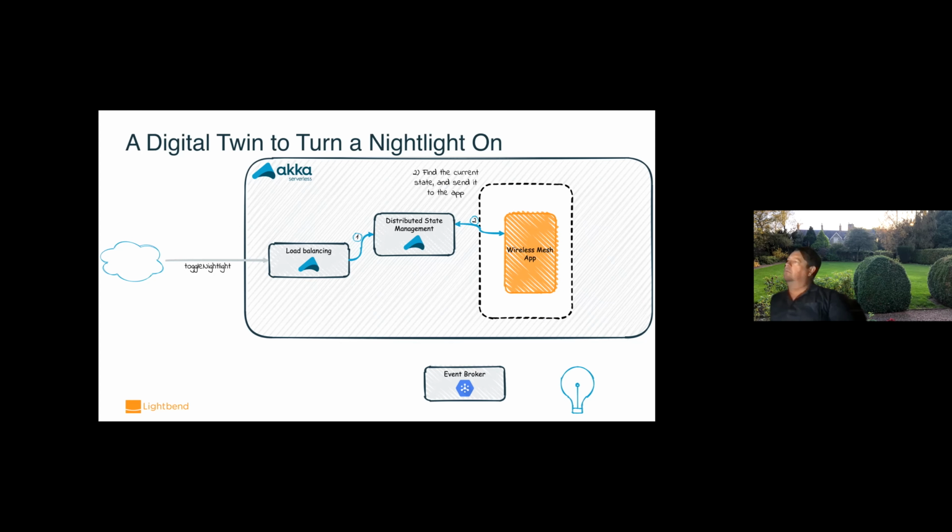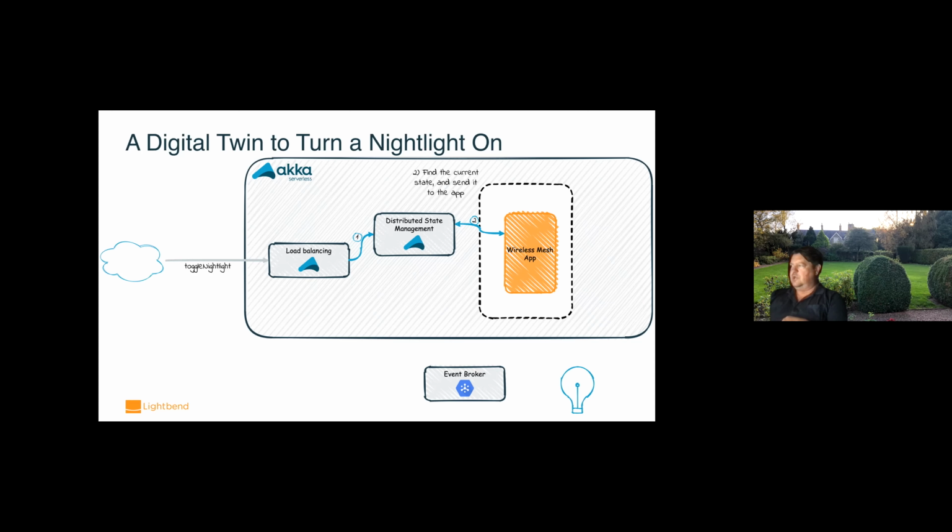So you'll see here that in the Akka Serverless world, we've got distributed state management, load balancing. That's like the central core of the system. And that's where the state is actually going to be located at any given time. We're taking care of that for you. We have the state somewhere in memory, or it's being loaded from the disk for the first time. Your application is running in whatever language you're running in.